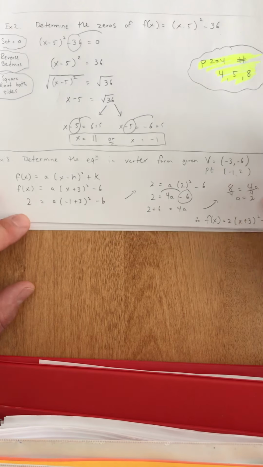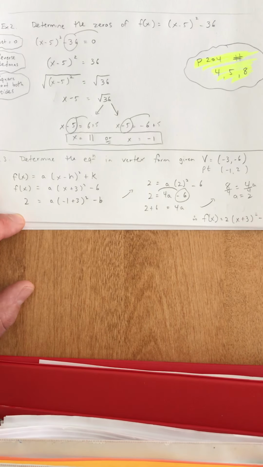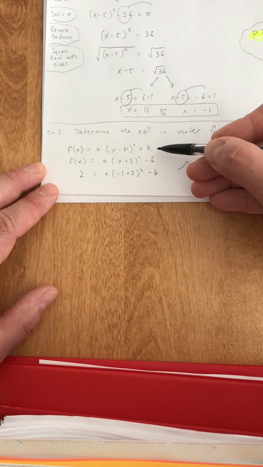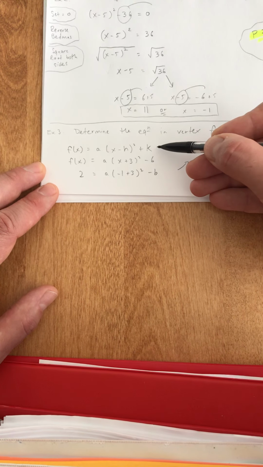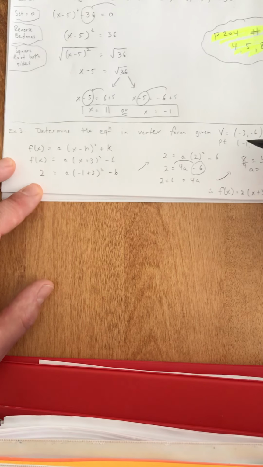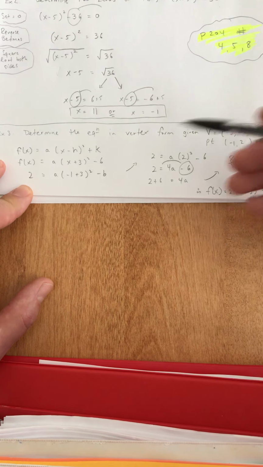Okay, and then the third one, determine the equation in vertex form given the following information. Given the vertex is negative 3, negative 6, and it passes through the point negative 1, positive 2. So we go back to our original vertex form with all the letters. The first thing you're going to do is input the vertex, the h and the k, negative 3, negative 6.